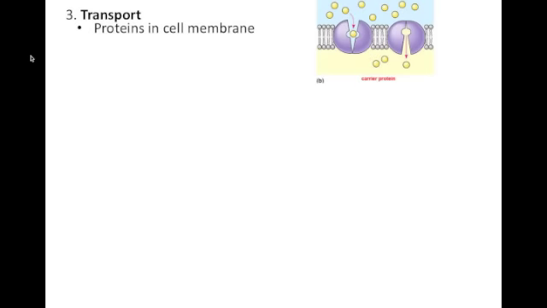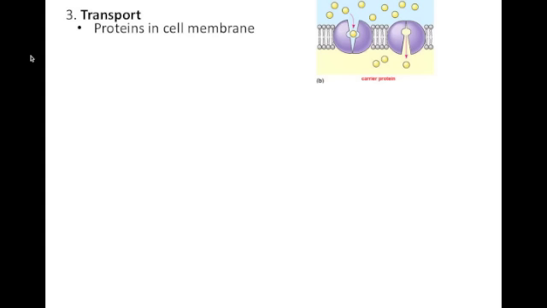The third function of proteins is transport. Got a couple examples for this. First of all, we have proteins in the cell membrane. The cell membrane is very nonpolar, so in order to get big substances or ions or polar molecules in, a lot of times they're going to have to go through a protein.